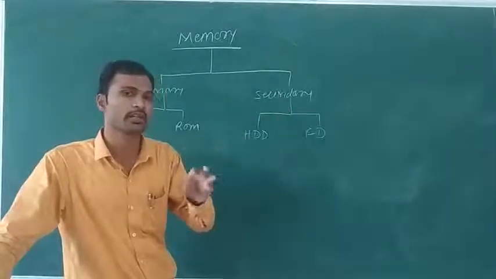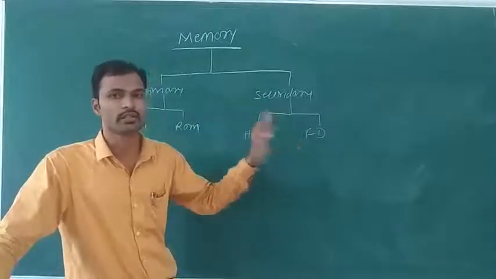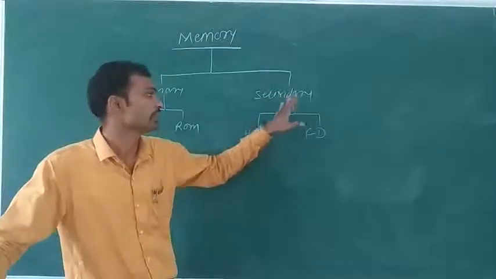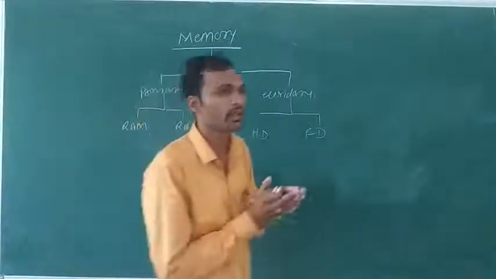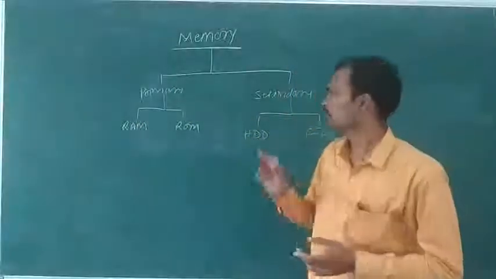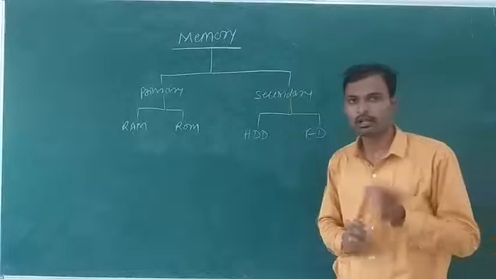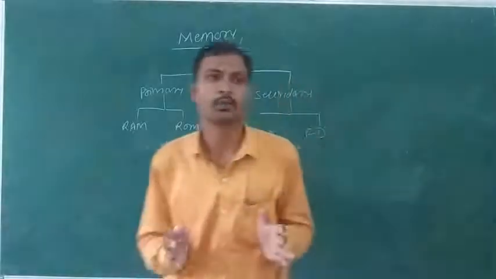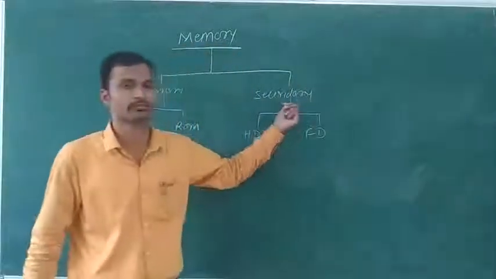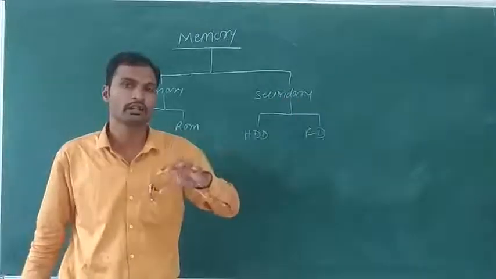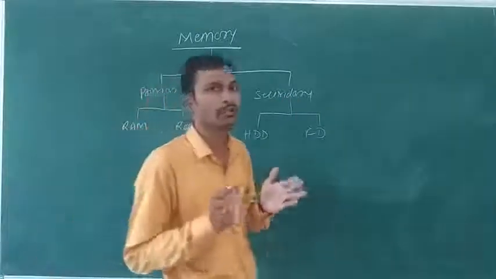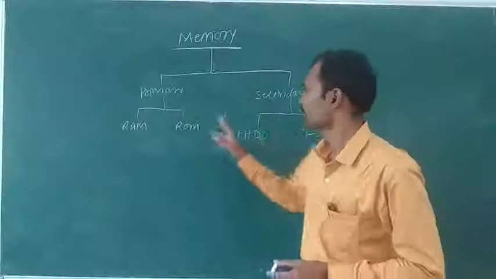In secondary memory locations, we can store the data permanently. Once you store data permanently in your computer system, it is available for a long time. Until you delete it, the data will be available in secondary memory, but primary is not like that.